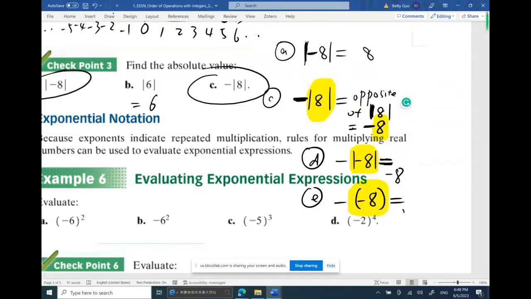Then you still put the negative in front of it. So it's still 8? Just positive 8. Opposite of negative 8, right? We are looking at part E. The opposite of negative 8 is a positive 8, right? Do you see that?